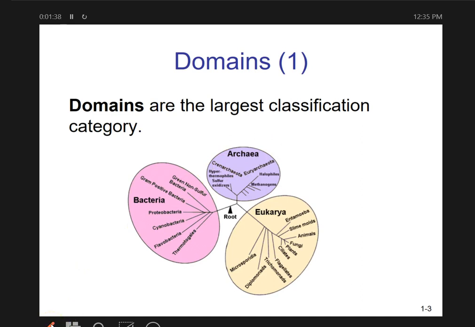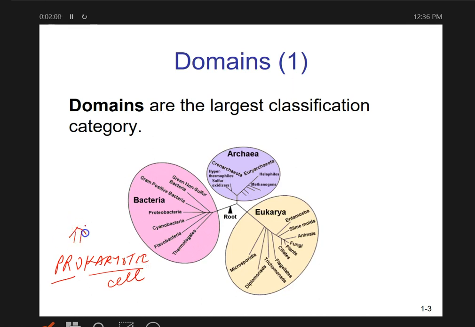Prokaryotic cells will, let me see if I can turn on my pen. The way to write it is prokaryotic cell. And look at the word. Pro means primitive. Karyon means nucleus. Also called false nucleus.